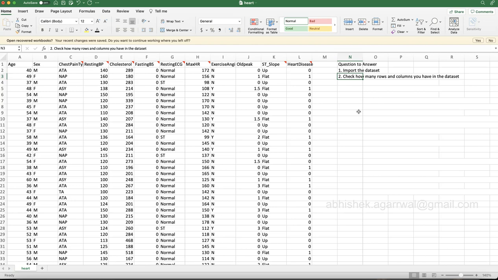Some commands are very simple, like viewing the first 5 rows or showing the last 5 rows. But some commands, for example if you are plotting something, or doing a correlation, or trying to summarize the entire data set, take a lot of resources, right? And if you are dealing with a huge data set, you will need a lot of computation.